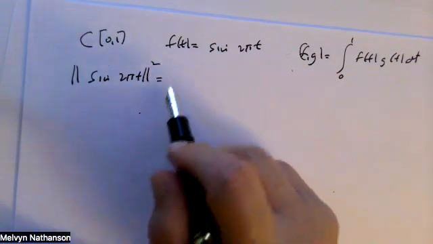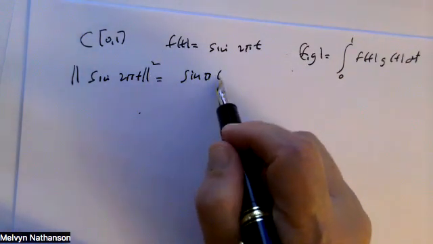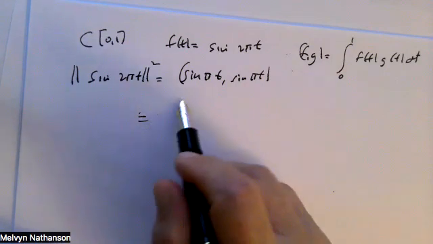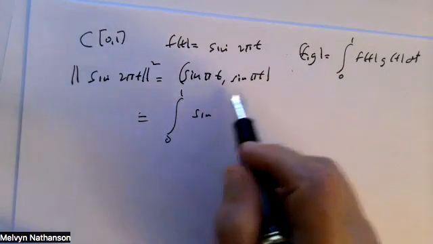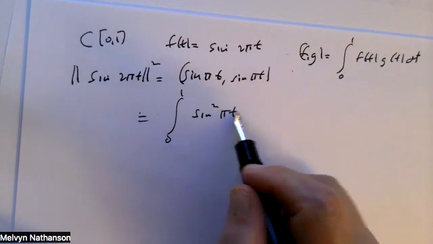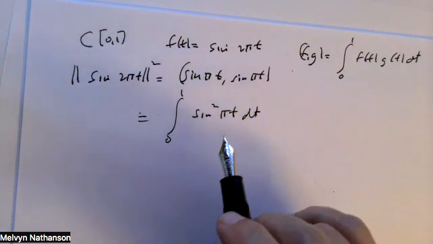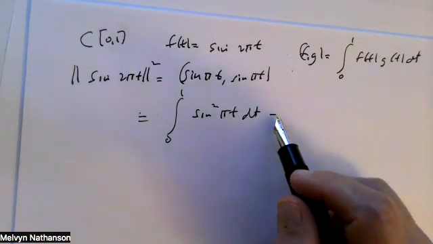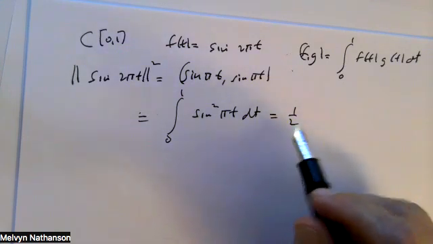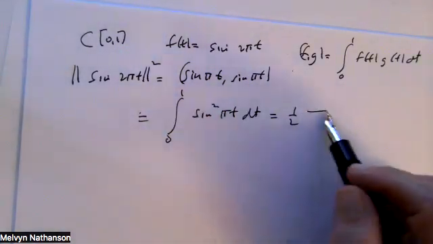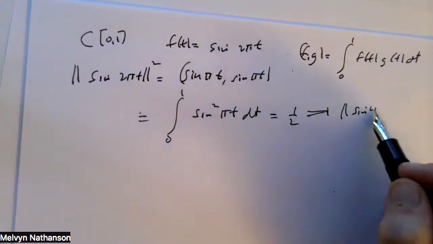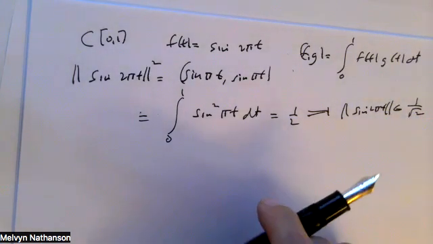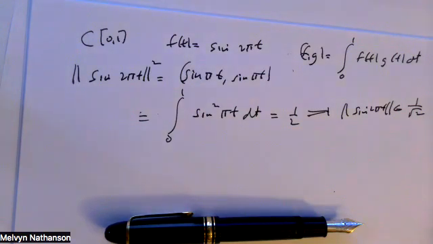The length squared is the inner product of sine 2 pi t with itself. That's the integral from 0 to 1 of this function multiplied by itself, sine squared of 2 pi t dt. If you do this integration, you get a half. So that's the square of the length. So the function sine of 2 pi t has length 1 over the square root of 2.